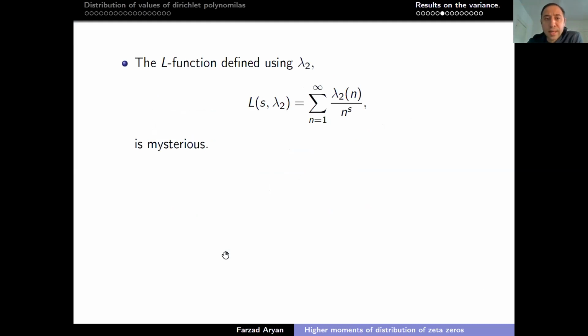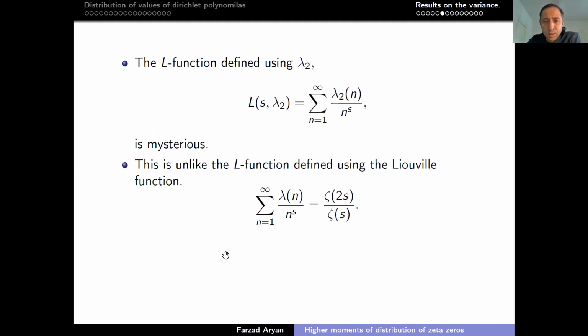And this L function, if I define the L function with this, is pretty mysterious. I couldn't find much about it. But why I'm saying that, I don't have a philosophical reason, this probably would explain it, because, for example, the L function defined with the Liouville function is basically zeta of 2s divided by zeta of s.